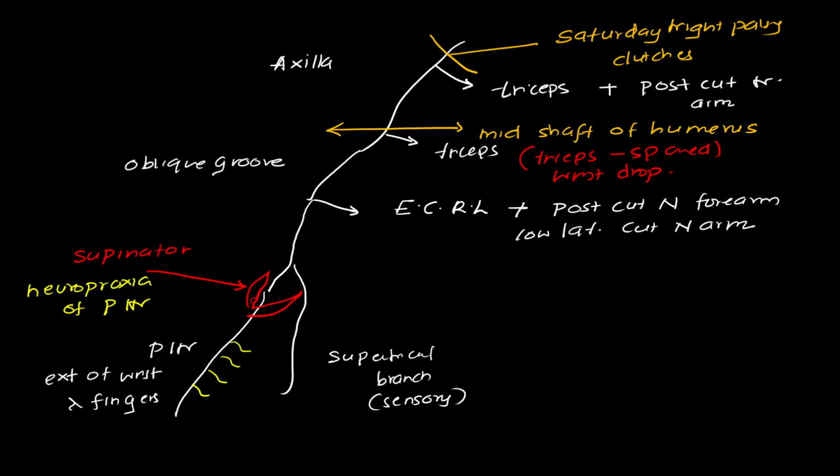Before branching out, it provides a nerve branch to the extensor carpi radialis longus, which is also involved in wrist extension. Therefore, the wrist extension will not be very prominent. In other terms, the patient will not show a flexed position in the wrist.